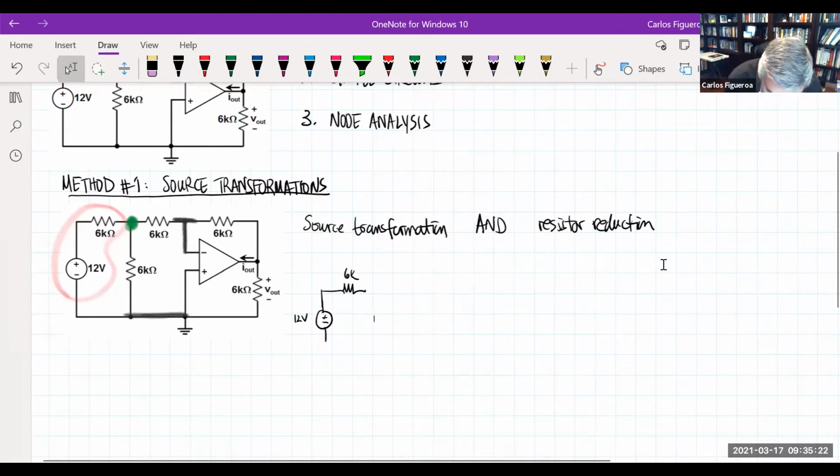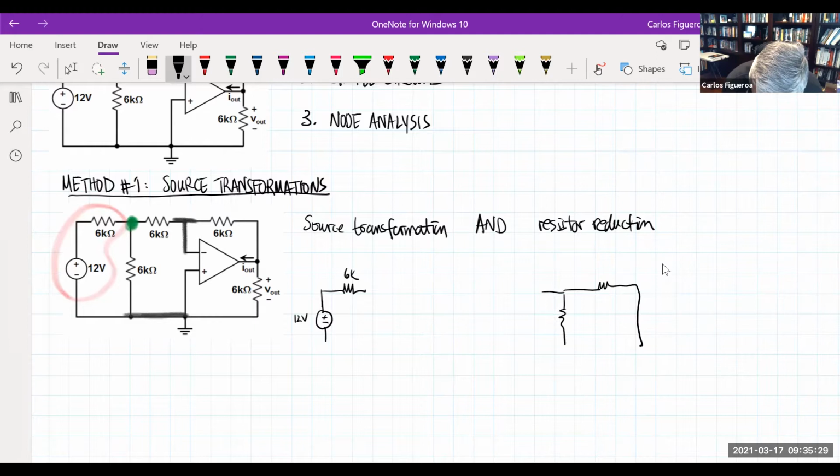Because what ends up happening is that when I look at this resistor, these guys are connected to ground, and this is a 6K, and this is a 6K. So this becomes one resistor, a 3K connected to ground. So why would I say source transformation? I don't need to do a source transformation. I need to do a resistor reduction.